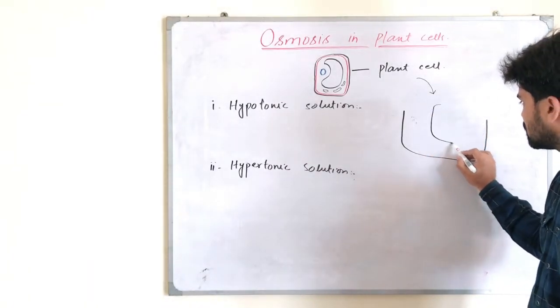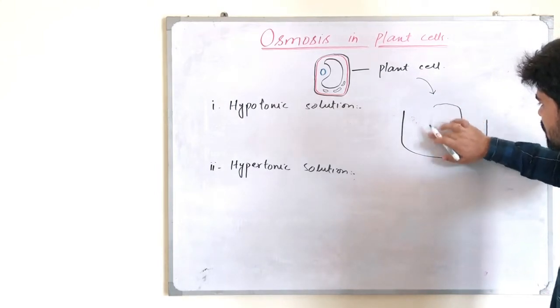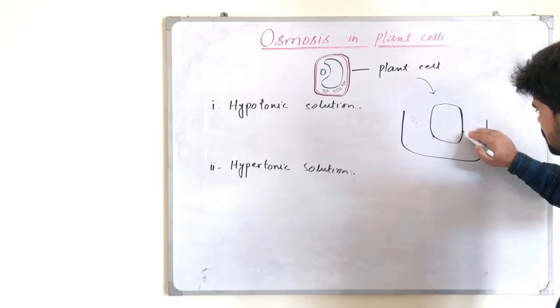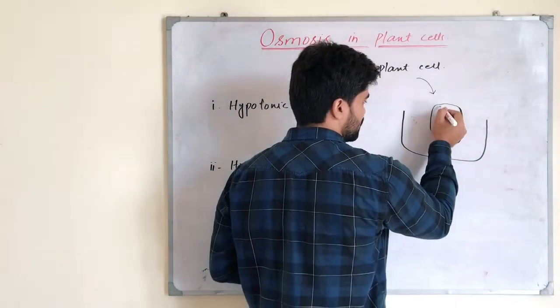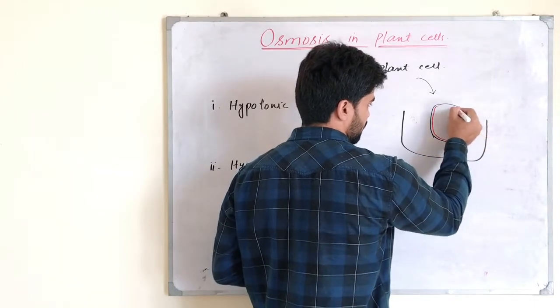Dear students, the plant cell will become turgid. It will swell up. Dear students, why it will swell up, I'll tell you shortly.